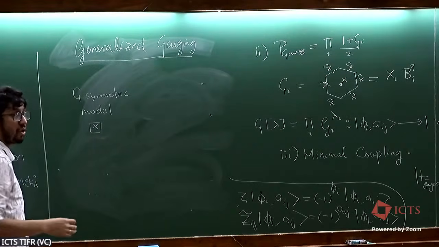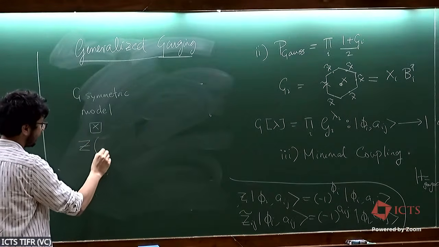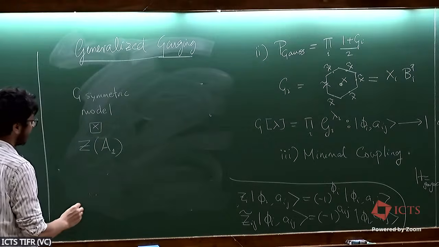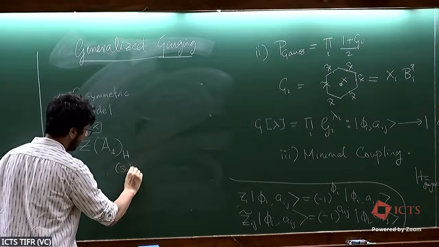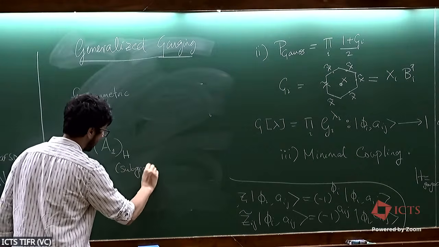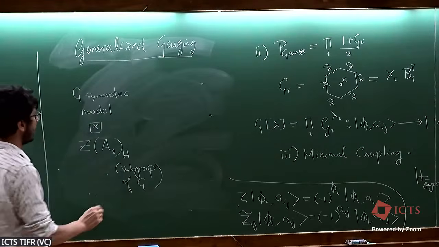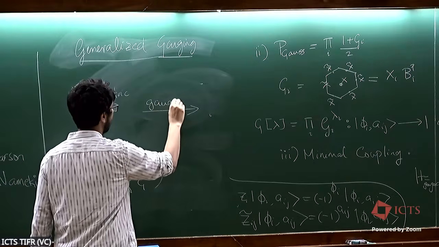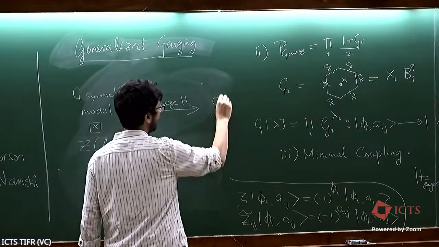So I'm only going to be talking about non-chiral topological orders. So it's the Drinfeld center of some fusion category. Let me call it A1, and it has an H symmetry. H is a subgroup of G. It's possibly non-normal, and you gauge H. And then find some dual lattice model.